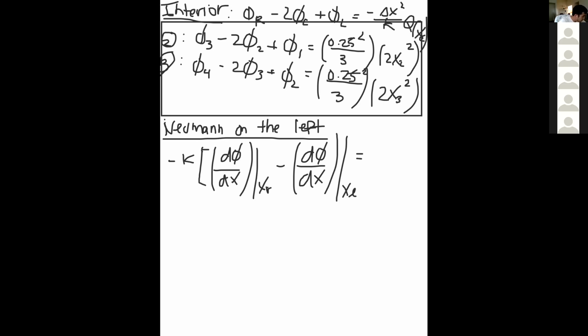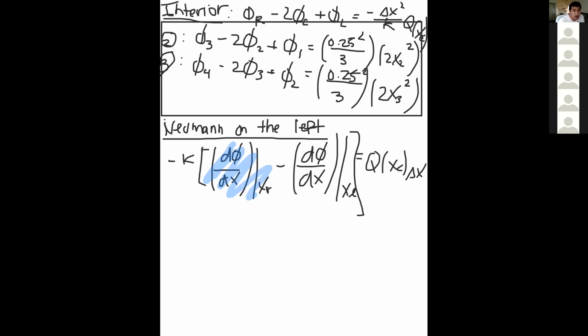This is equal to q at xc delta x. So when we were doing the Neumann condition before, what we did was we replaced this derivative right here with our Neumann condition. Okay, but in this case, our Neumann condition is not on the right; it's on the left, right?